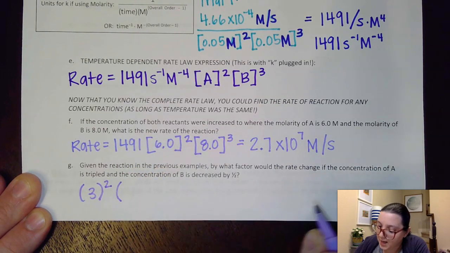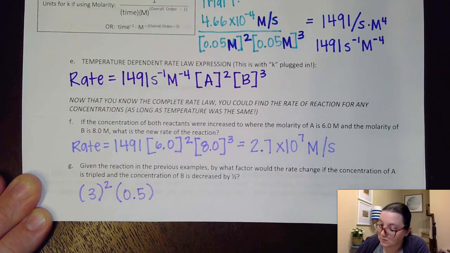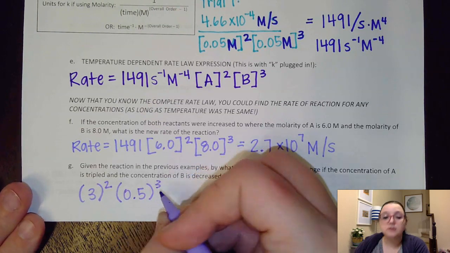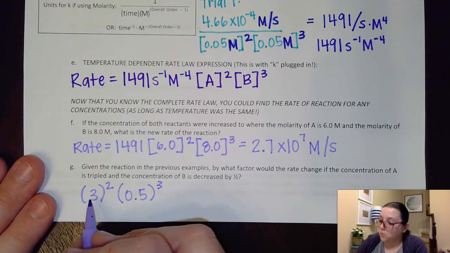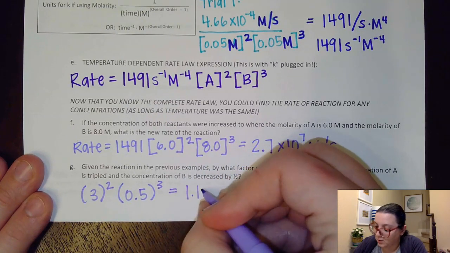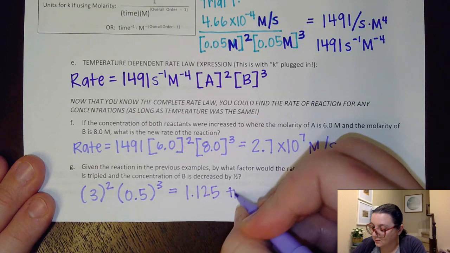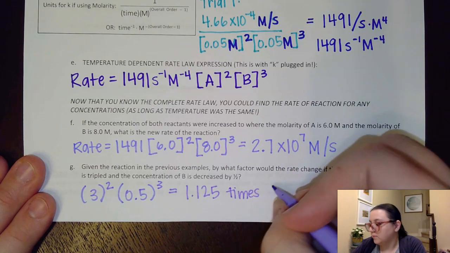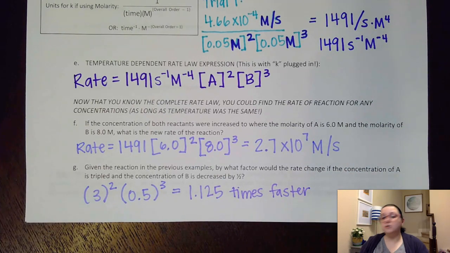Doing that 1/2, that would get raised to an exponent of 3. And so the two effects are going to multiply by each other. Now, when we do that math, that gets a value of 1.125. So what that means is that I would go 1.125 times faster if I change those concentrations by those factors.